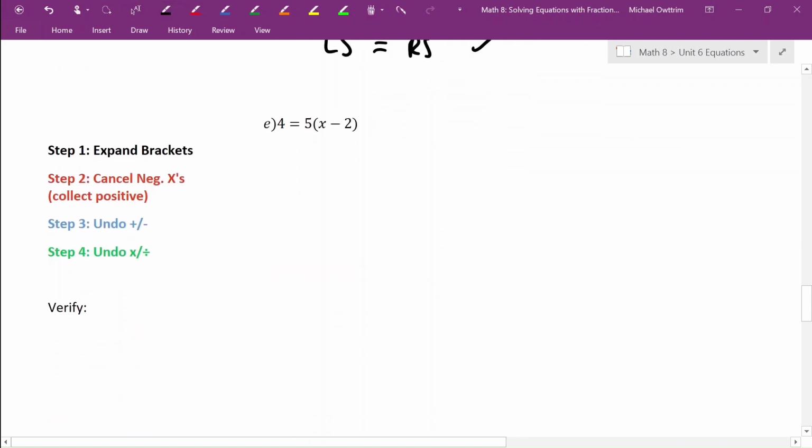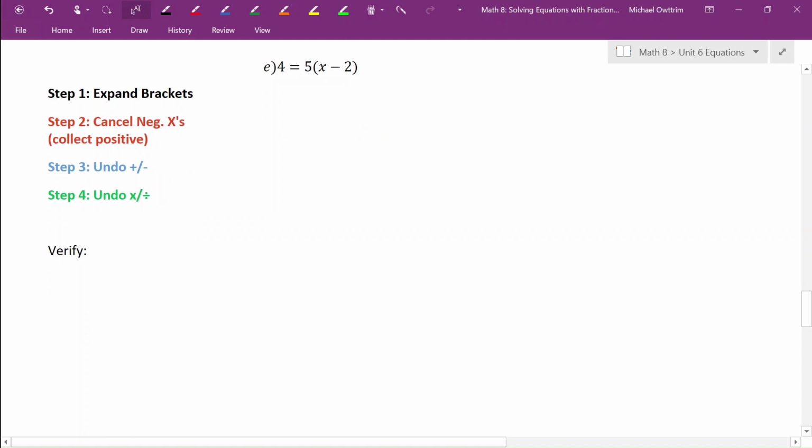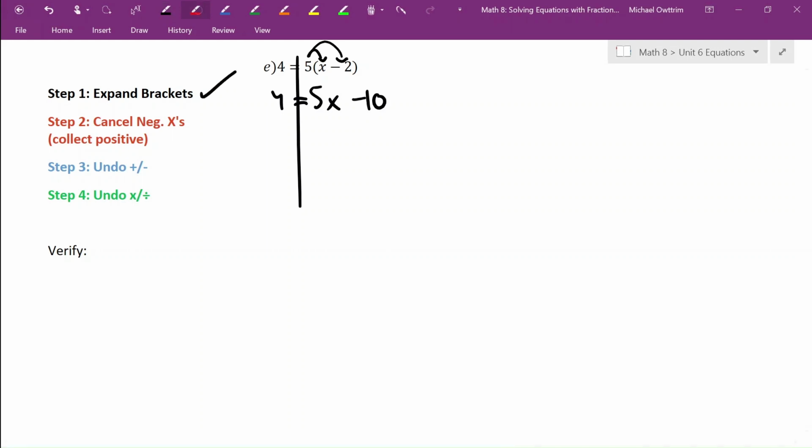verified. In question E, I do have brackets to expand. 5 times x is 5x, and 5 times minus 2 is minus 10. The left side did not have brackets, so I don't need to worry about it. It's still 4. I don't have any negative x's in this equation, so I won't worry about them. I will undo my addition or subtraction.